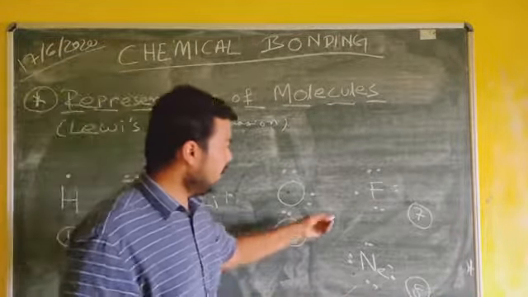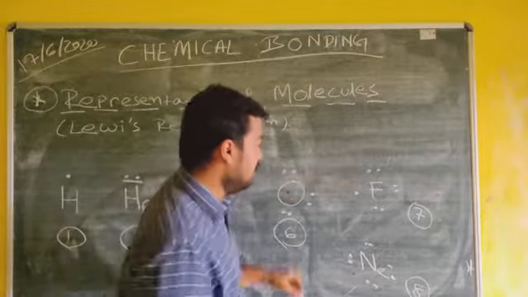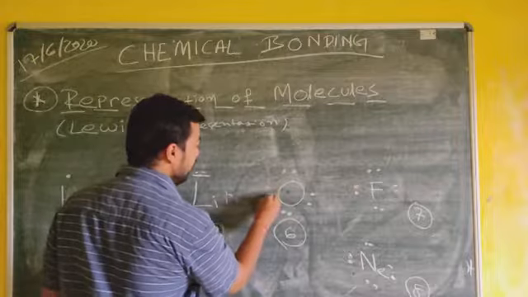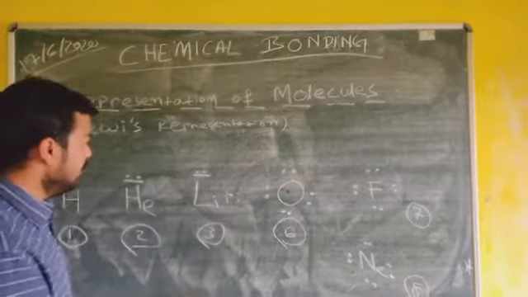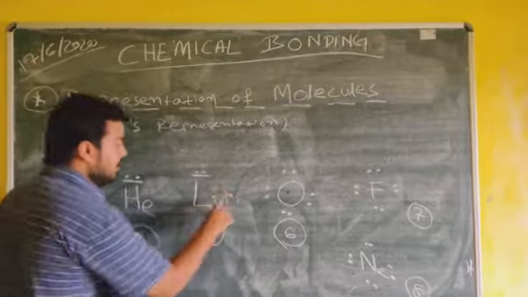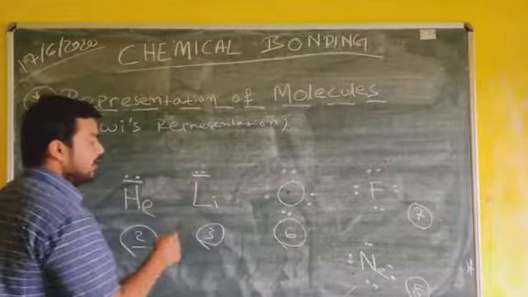So here if fluorine gains 1 more electron, then its octet will be complete. If oxygen gains 2 more electrons, then its octet will be complete. If lithium loses 1 electron, then its octet will complete.